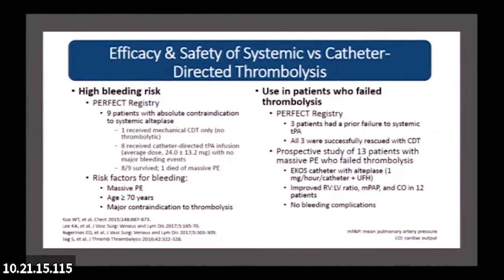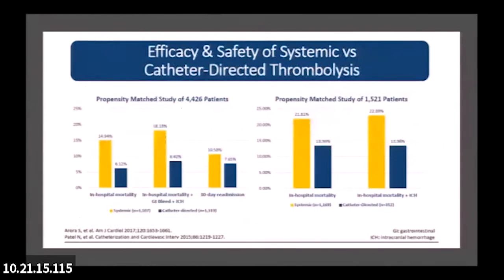As I mentioned, normally those patients have 33% mortality. They also looked at the patients who failed thrombolysis and then used ECOS to rescue. All of them survived and had a good outcome.